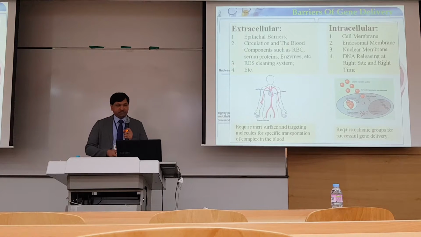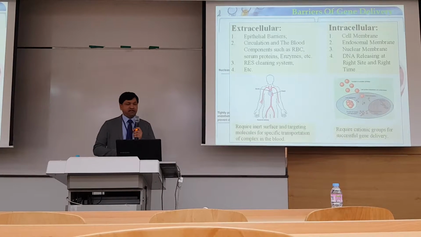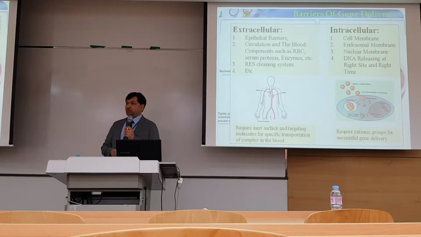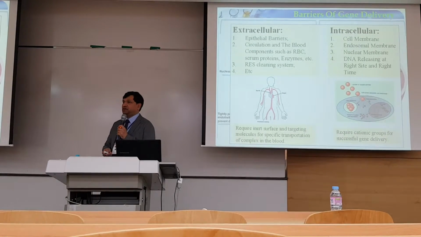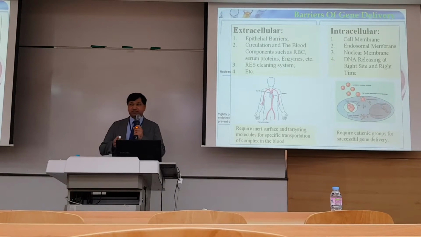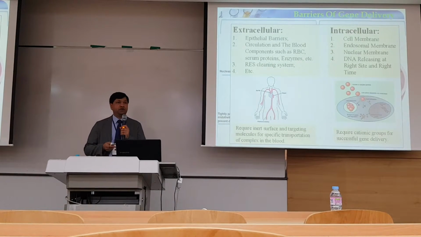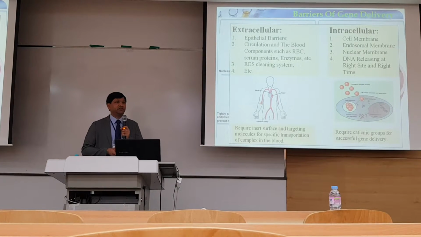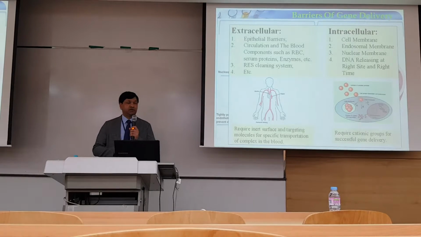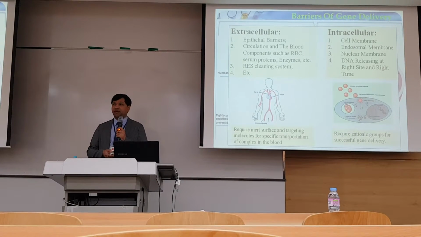As I explained, there are these extracellular and intracellular barriers, like epithelial barriers as well as circulation and blood components such as RBCs, different types of enzymes, or serum proteins. Also the reticuloendothelial system is one of the important systems we have to combat while successfully delivering these nanoparticles. So we need an inert surface to successfully overcome these extracellular barriers.